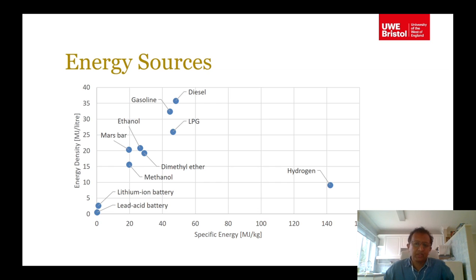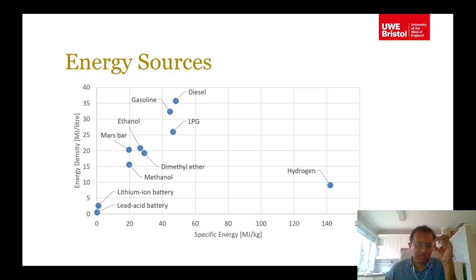and specific energy, or megajoules per kilogram, is also quite low for batteries, and both these are quite high for diesel and gasoline and LP gas also. And megajoules per kilogram for hydrogen is the highest, but if you take it in a volumetric sense, that means hydrogen as a gas, it doesn't have a good energy density.